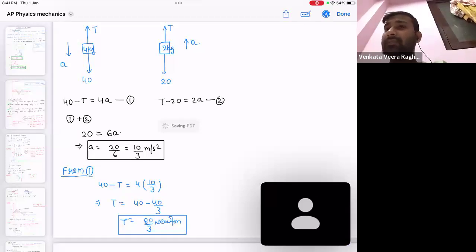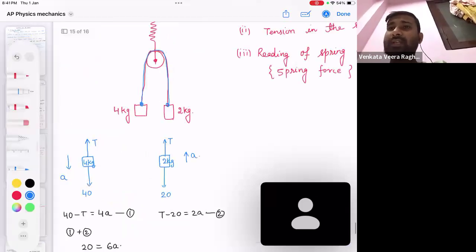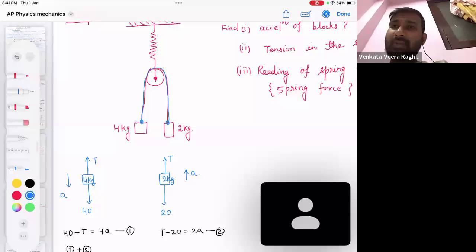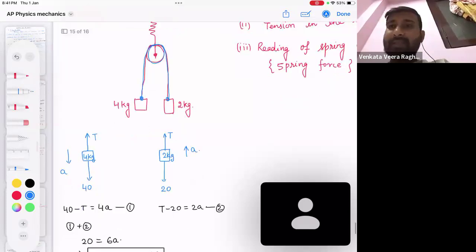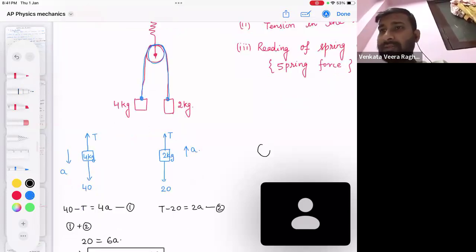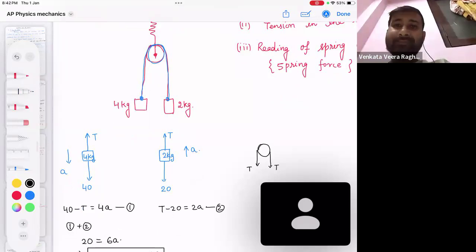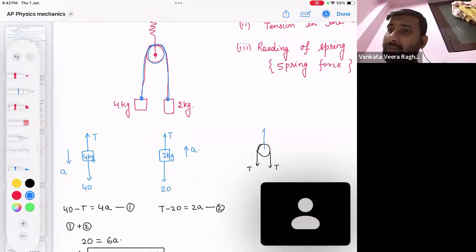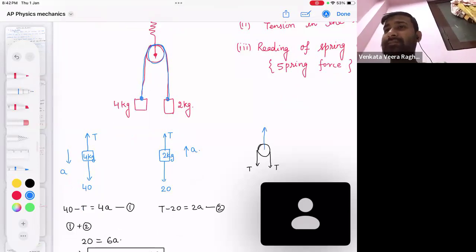So we got the tension in the string and we got the acceleration of both the blocks. The next part which was asked: what is the spring force, isn't it? So if you look at the pulley, you will find a very interesting thing happening. On the pulley, on this side there is a tension T acting, and is there a tension T acting on the other side?